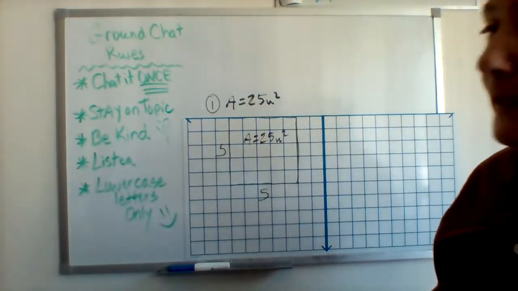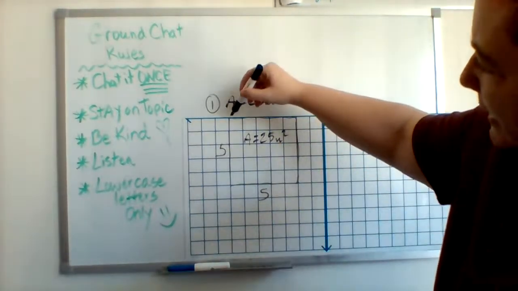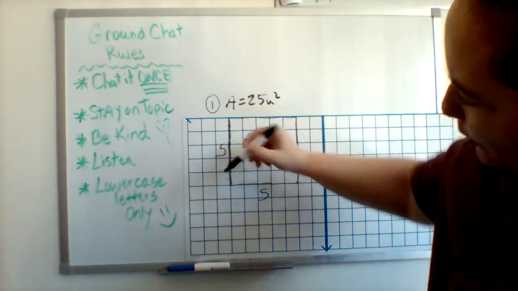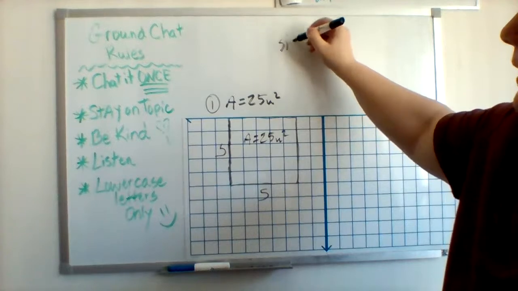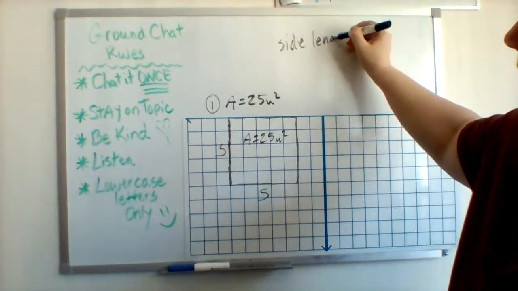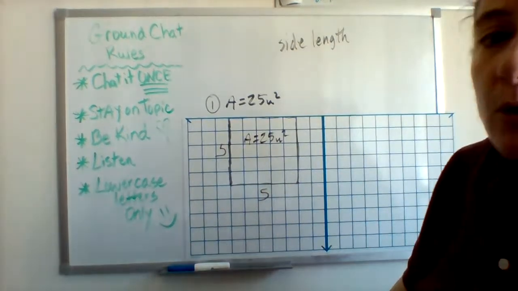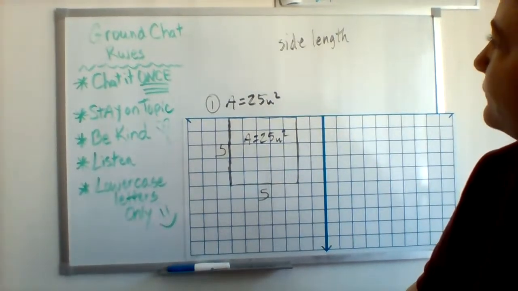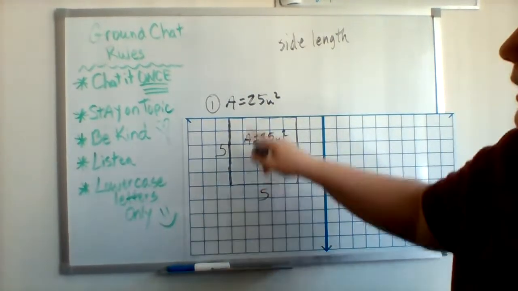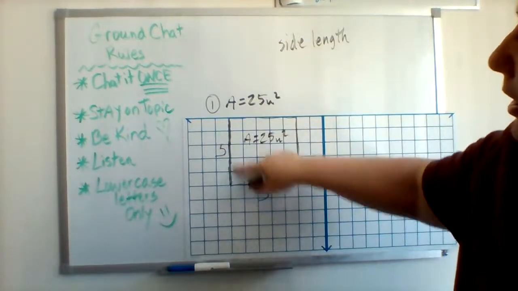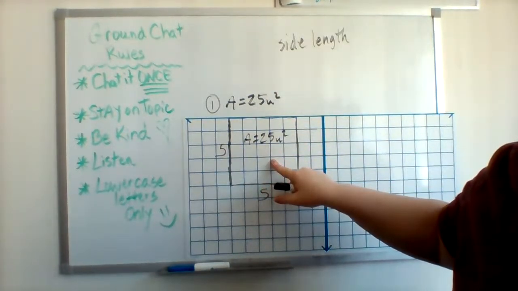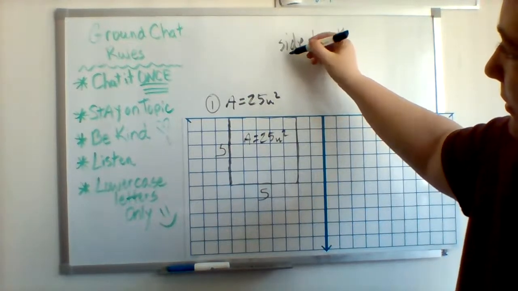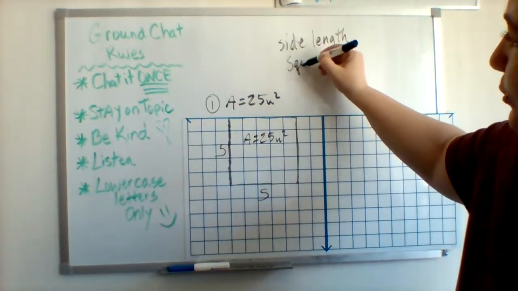What I'm trying to connect here is this. We're used to calling this a side length, right? But we're going to call it something else in this book now. We're going to call the side length of the square the square's root.